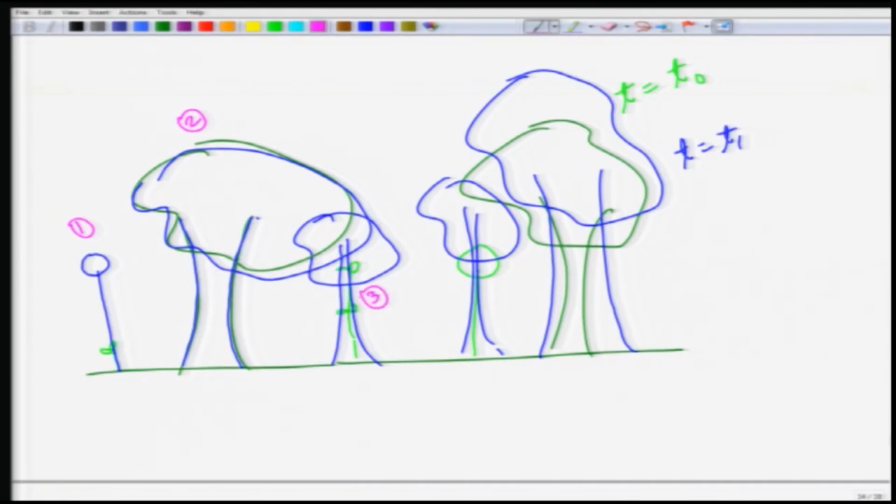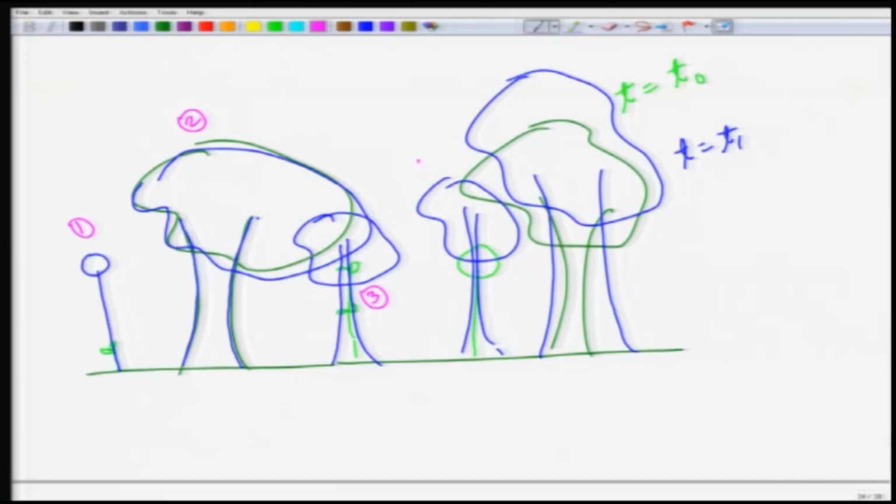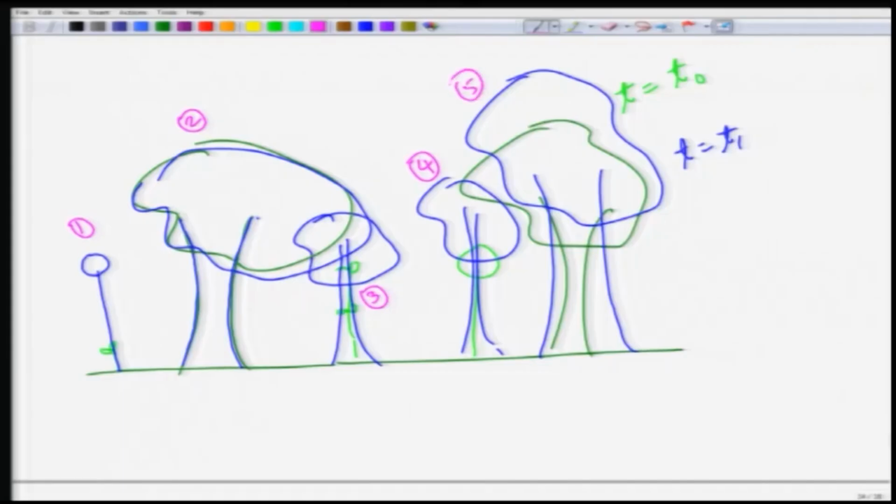This third plant was not counted in the first computation, but during the second computation, say after 5 years, it has now reached that diameter that it is now countable. The fourth plant was not counted in the first instance, but it is now counted in the second instance. The fifth plant was counted in both the first and the second instance.